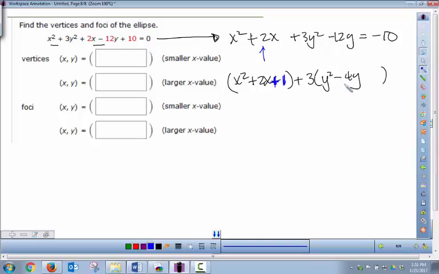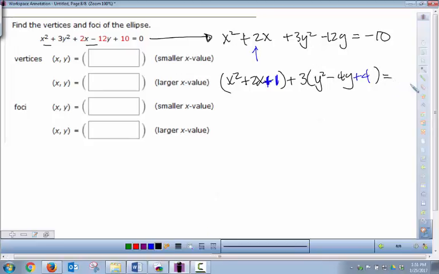And then, half of 4 is 2, you square that, you get 4. And now whatever you added on one side, you have to add on the other side. So you're not subtracting anymore because you're working with two sides here.